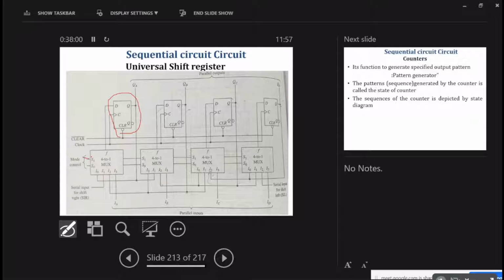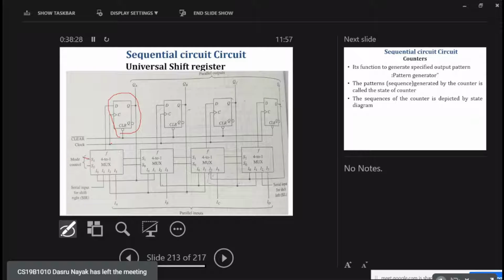Clock will come periodically, and according to the clock arrival we get changes in the register state. If we don't wish to change the state of this register, we utilize the hold mode. How it will happen we will see.